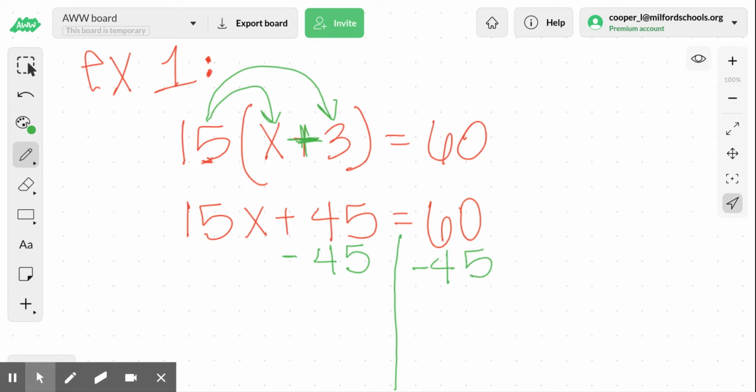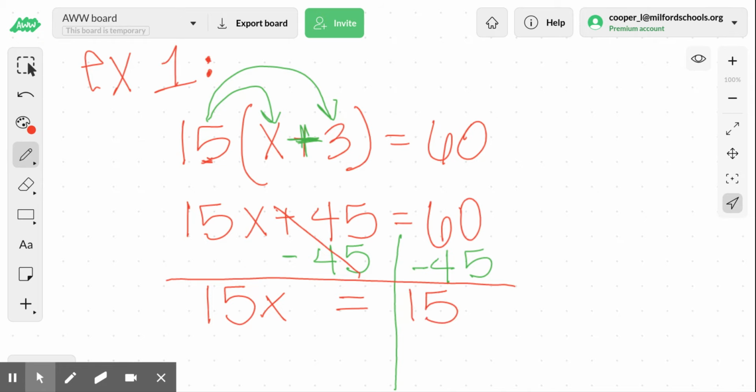Once you do that, you have now eliminated the number that you need to eliminate. So I am going to bring down my 15x. I forgot to cross out what I don't need. Bring down my equal sign, and 60 minus 45, which is 15.